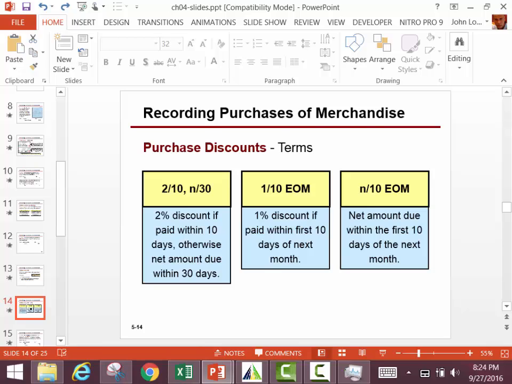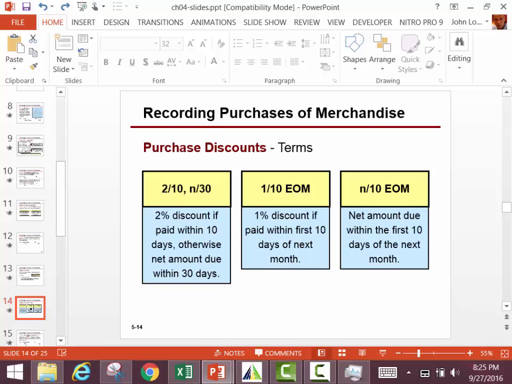So they offer this 2/10 net 30. Now you look at this and you say, okay, this is just a funky little accounting thing. Wars are fought over these terms when companies are negotiating contracts. They go through all kinds of back and forth negotiations over these terms, right? But 2/10 net 30 is all you need to know for your exam.